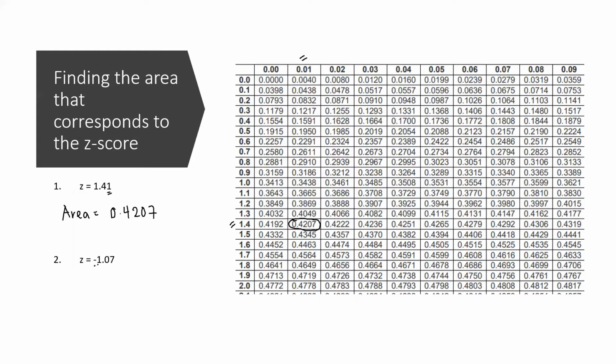So in order to look for 1.0, you can go here, 1.0. Then if you want to go to the 7, which is the third digit, locate it here. So we need to make sure that this must overlap or meet. So the area for 1.07 is 0.3577.